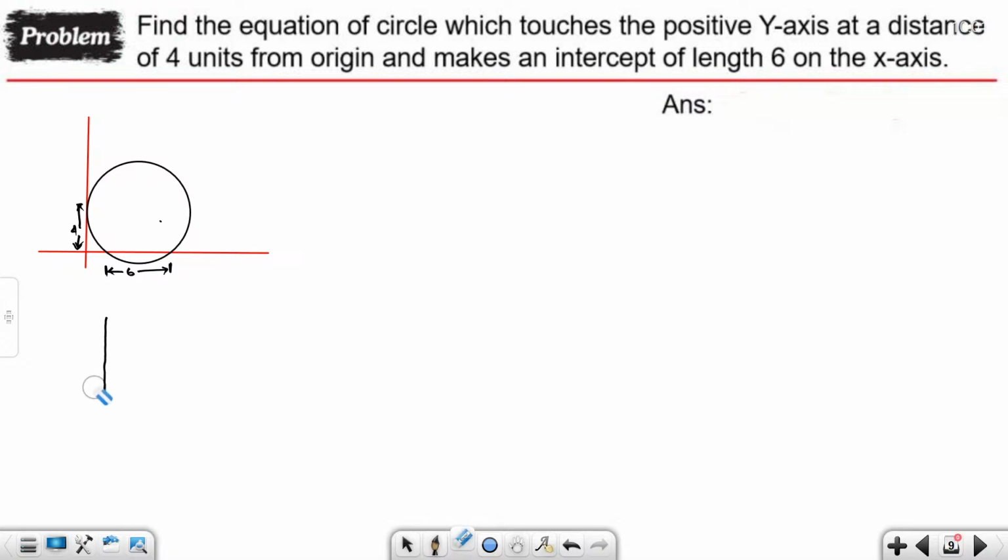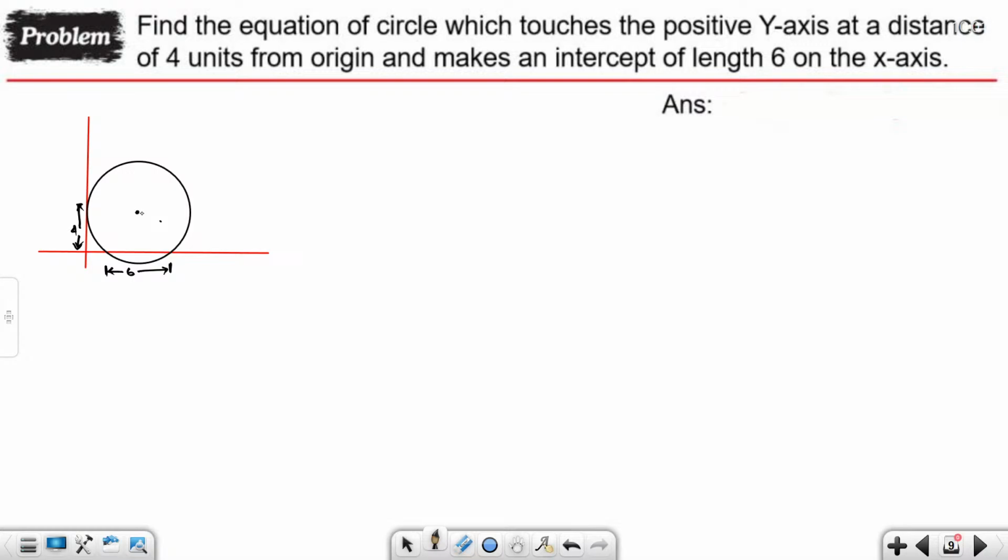Now we have to find the equation of the circle. So what to do? See, what will be the center? One thing you all must remember, as I told you many times, is that for a circle we are only concerned about 2 things: its center and its radius. That's it.